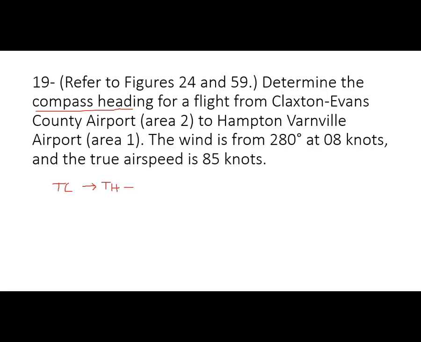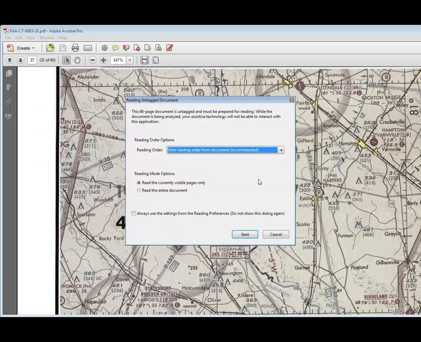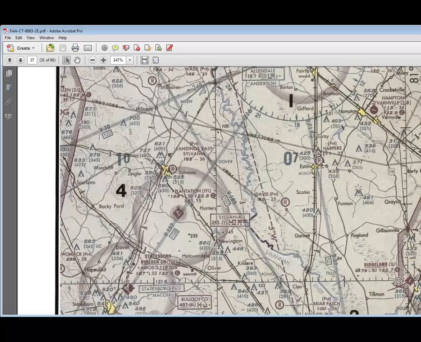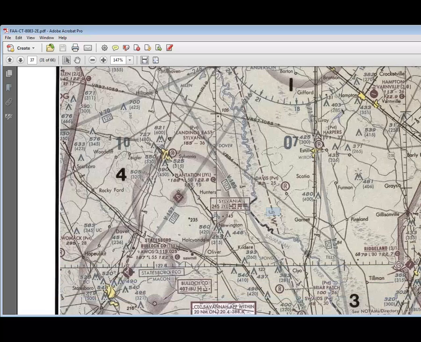Now we're going to take that and correct it for the variation on this question. And again, I apologize, you wouldn't be able to do this without the proper chart. I needed to give you the right chart here. You're looking at 5 degrees of westerly variation.